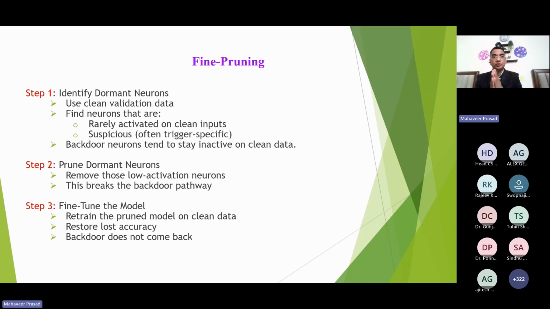Backdoor neurons tend to stay inactive on clean data usually. Prune dormant neurons. Remove those low activation neurons. This breaks the backdoor pathway. Now again we can fine tune our model with this removed data.